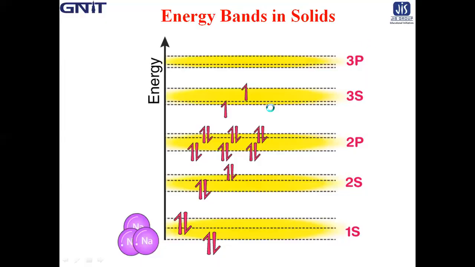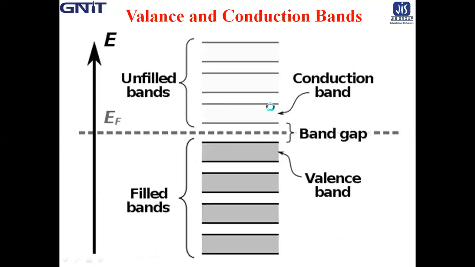Therefore, the energy band is mainly divided into two parts. One is valence band and the other is conduction band. You have to know what is valence band and conduction band.